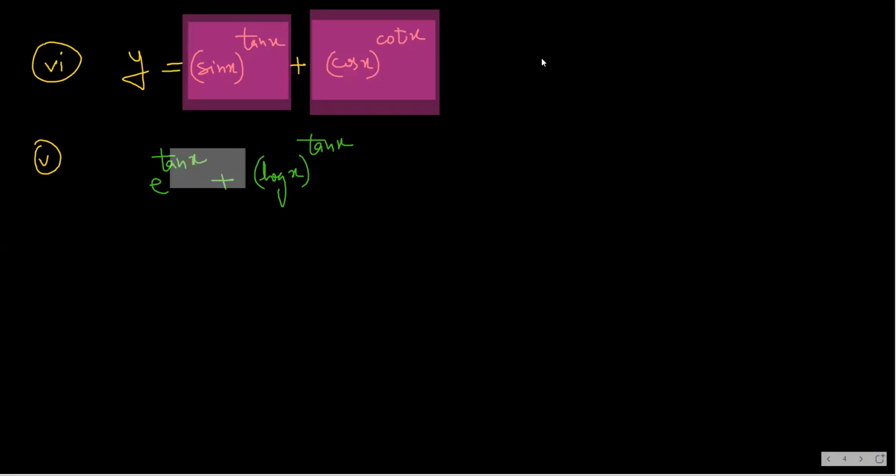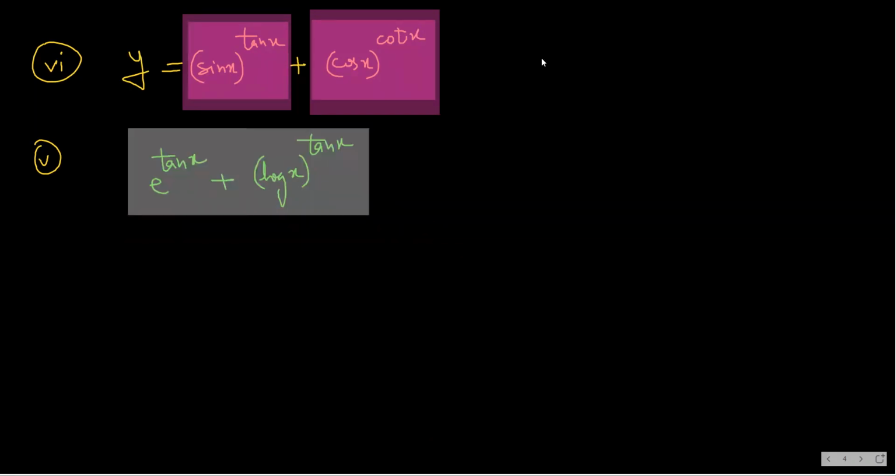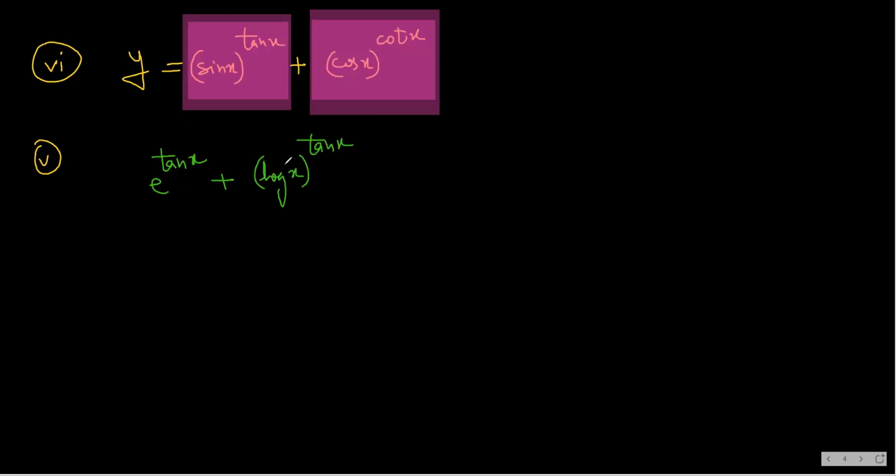Some of you must be thinking that though we have a positive sign in between, we do not have both as variable raised to variable. See, students, here we have variable raised to variable. Log x is a variable, tan x is a variable. But this other term is not variable raised to variable; it is constant raised to variable.